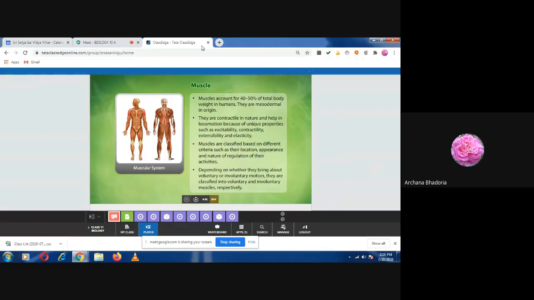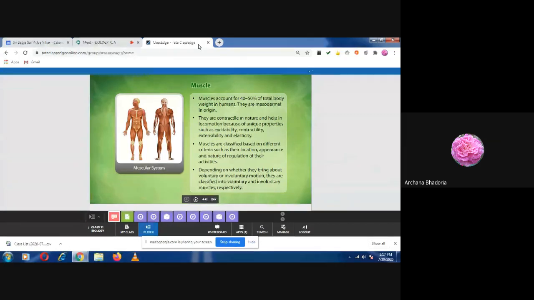So only one muscle fiber is voluntary, and that is the striated or skeletal muscle fiber. As the name suggests, it is attached to the bones and cartilages which make up our skeleton.